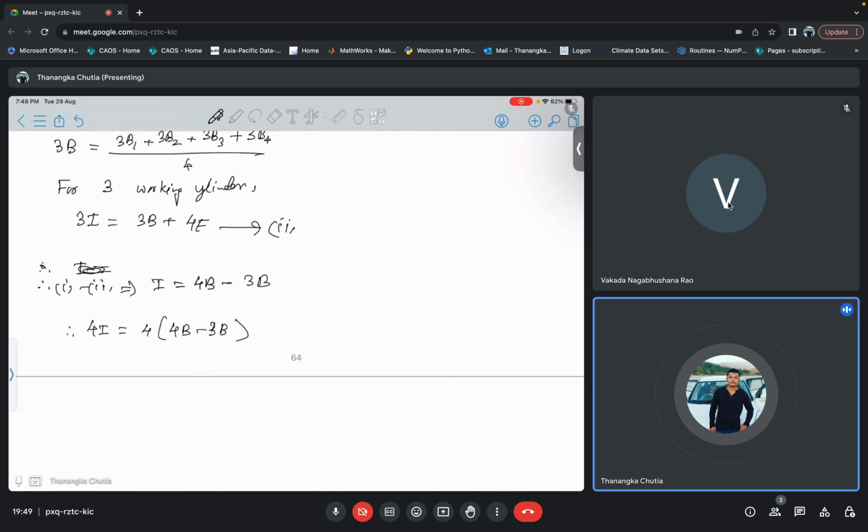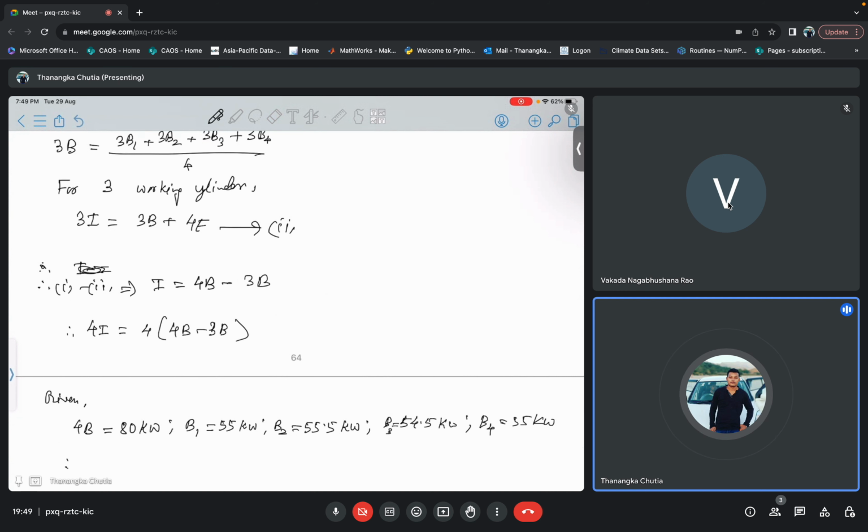Now what is given to us? 4B, that means all the cylinders are working, then my brake power is given as 80 kilowatt. B1 is given as 55 kilowatt, B2 is given as 55.5 kilowatt, B3 is given as 54.5 kilowatt, and my B4 is given as 55 kilowatt.